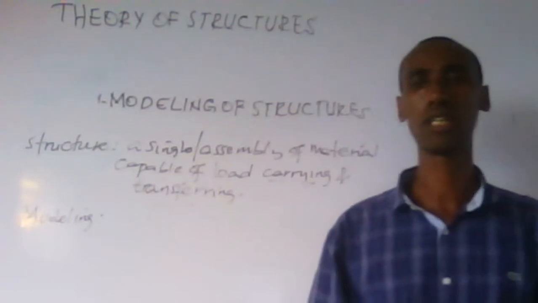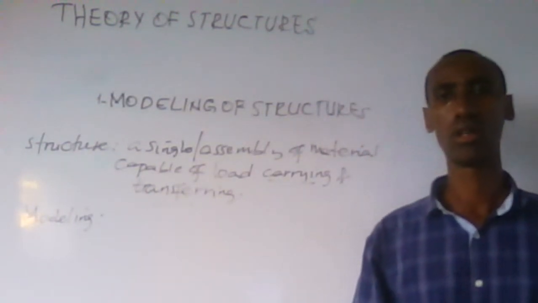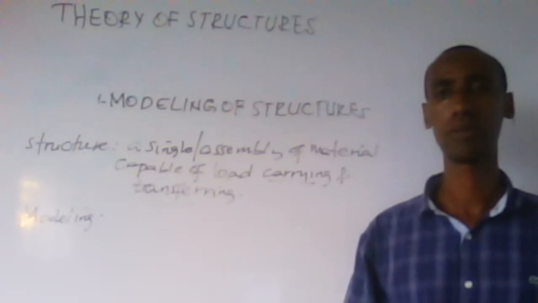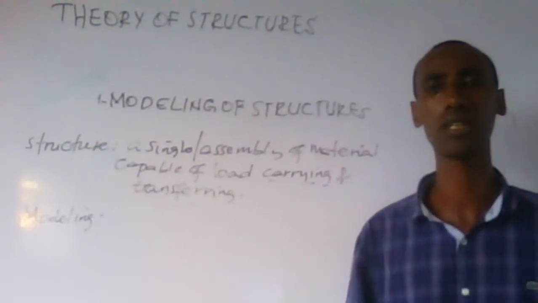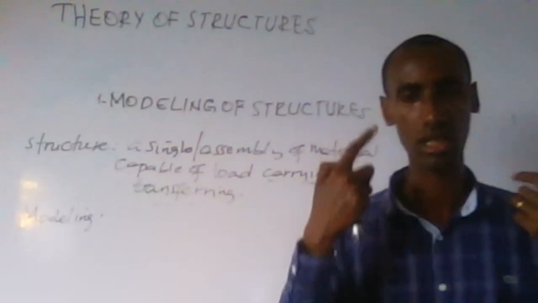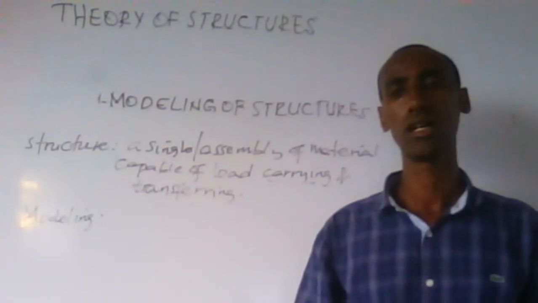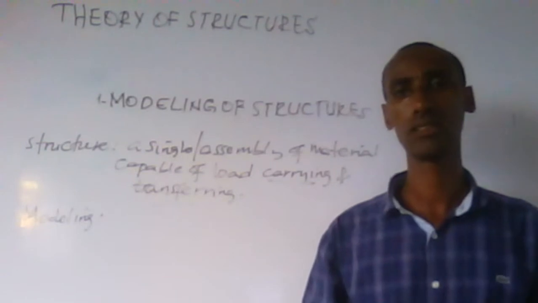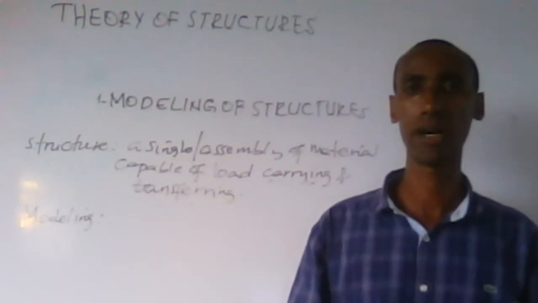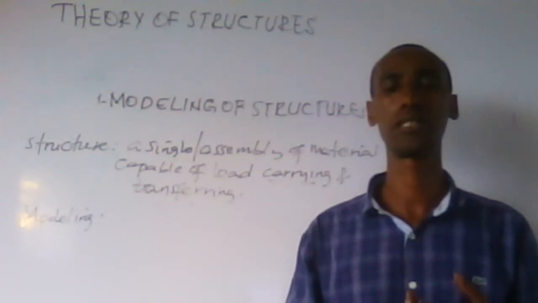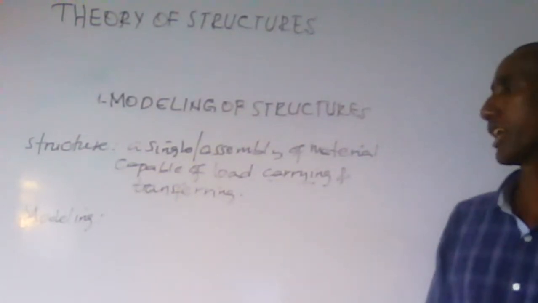But when we are dealing with the analysis and design of our structures, we may not go to the 3-dimensional representation of structures. So our structures, the real structures that are encountered, either those that are thought of in our mind, or those which are going to be constructed in the real world, should be represented by some reasonable representation. This reasonable representation of structures is named as modeling.